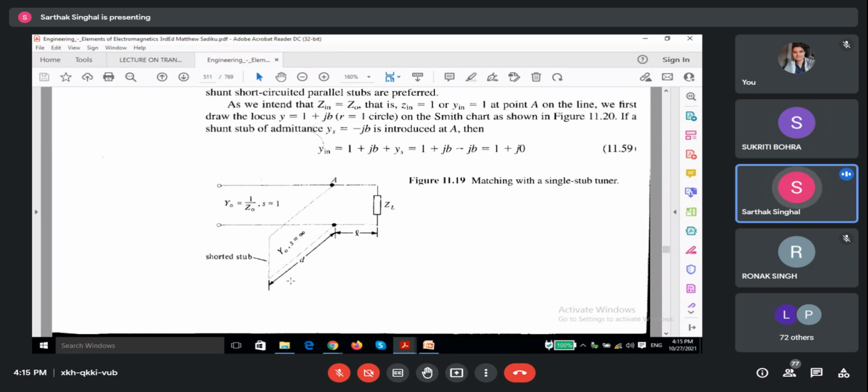Either you add the impedances, that is Zin1 and Zin2, by taking their parallel combination, or you can add the admittances directly, right? So the first component will be your Y1, and the second one is your Yin2.